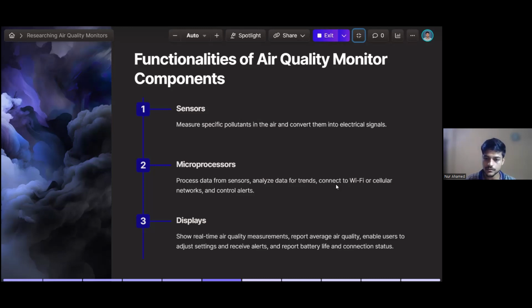After that it displays the results. So if we use a remote air quality monitor sensor, we can send data through Wi-Fi, and if we use an air quality monitor that is remotely available, we can instantly see the results. Going to the next slide.